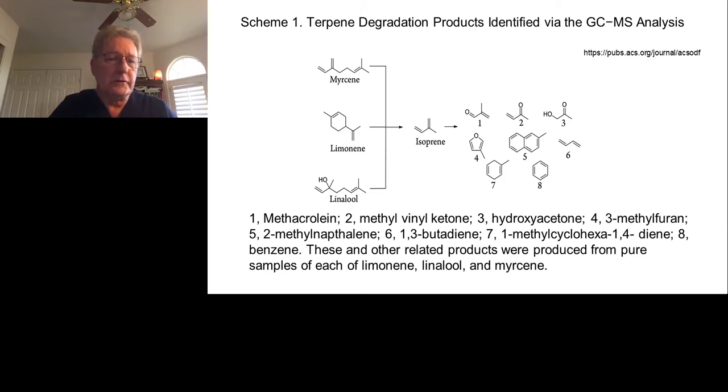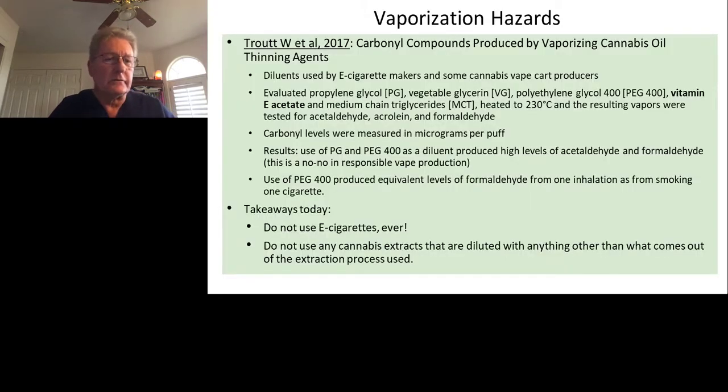It can form isoprene and then ultimately some very toxic byproducts like benzene. Temperature is important, and what the experts say is for dabbing or combustion, it should never go above 378 degrees Celsius.